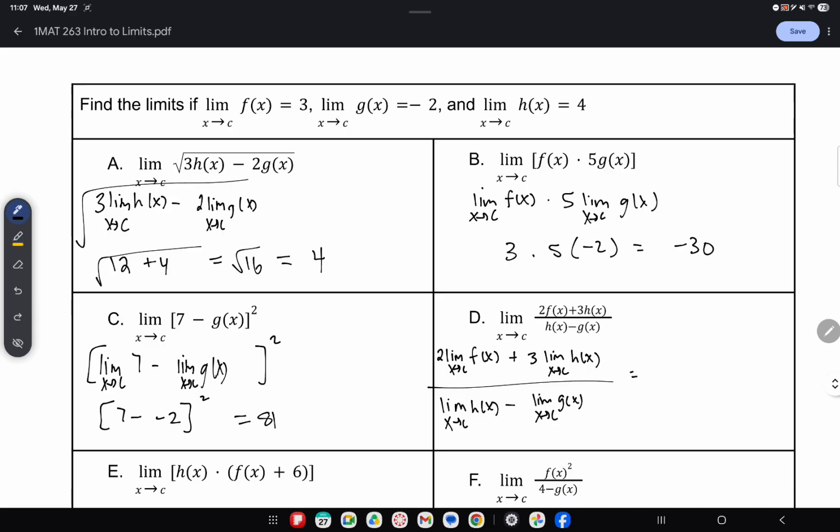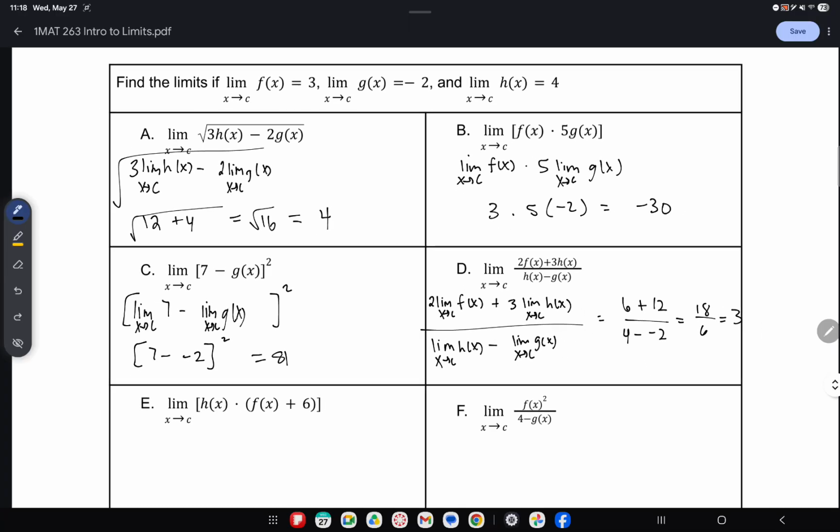So 2 times f, 2 times 3 is going to be 6, and 3 times 4 is 12. H was 4, g was -2. 6 plus 12 is 18. Add that, we get 6. And final answer of 3.